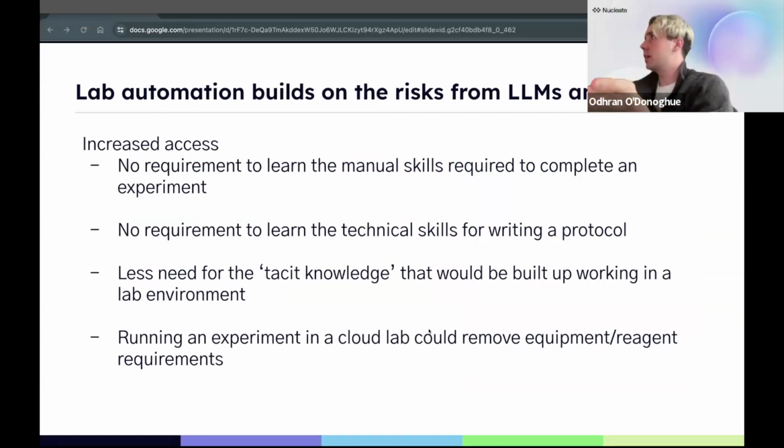You have the same thing with large language models, where there are fewer expertise requirements, and you don't necessarily need to learn things about biology. With lab automation, you may also not need to learn any manual skills for the underlying wet work of pipetting, putting things in fridges, centrifuging, and incubating. On top of that, there's the idea of tacit knowledge.